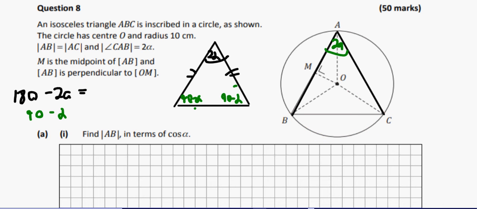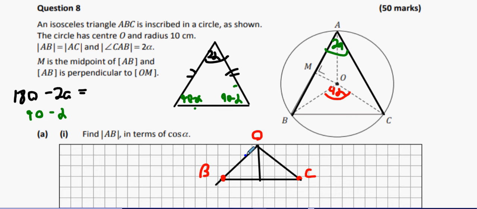So if I draw this triangle, OBC, and I cut it in half, so that's OBC. If I didn't see this, I was going down a really difficult path.